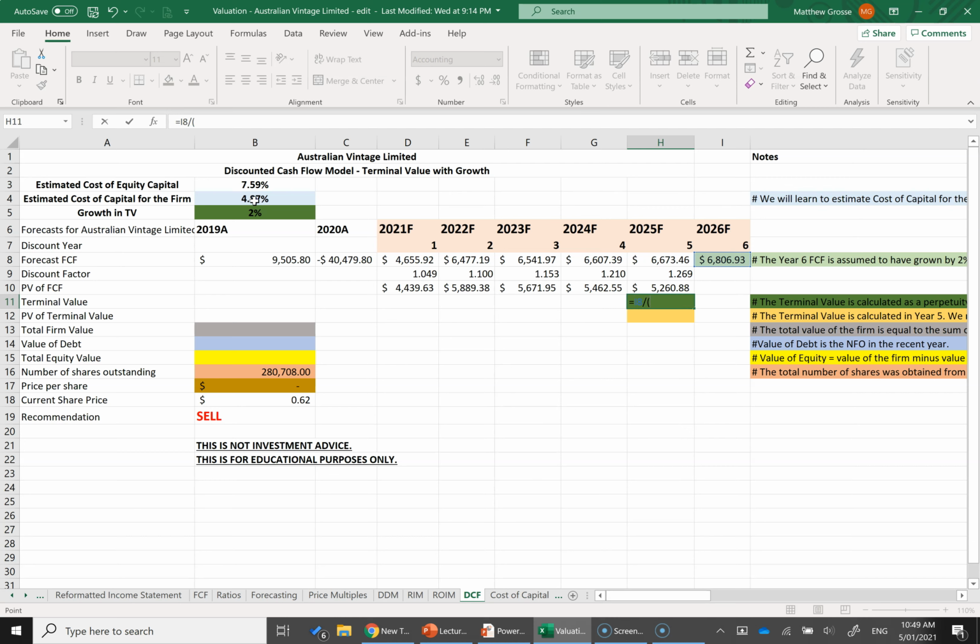So that's my terminal value as measured in year 5, and I want to take a present value of that as well. So I'll take my terminal value and divide through by the year 5 discount factor to get the present value of that. So I now have a present value of free cash flows in year 1, 2, 3, 4, and 5. And then my present value of the terminal value takes into account year 6 out until forever.